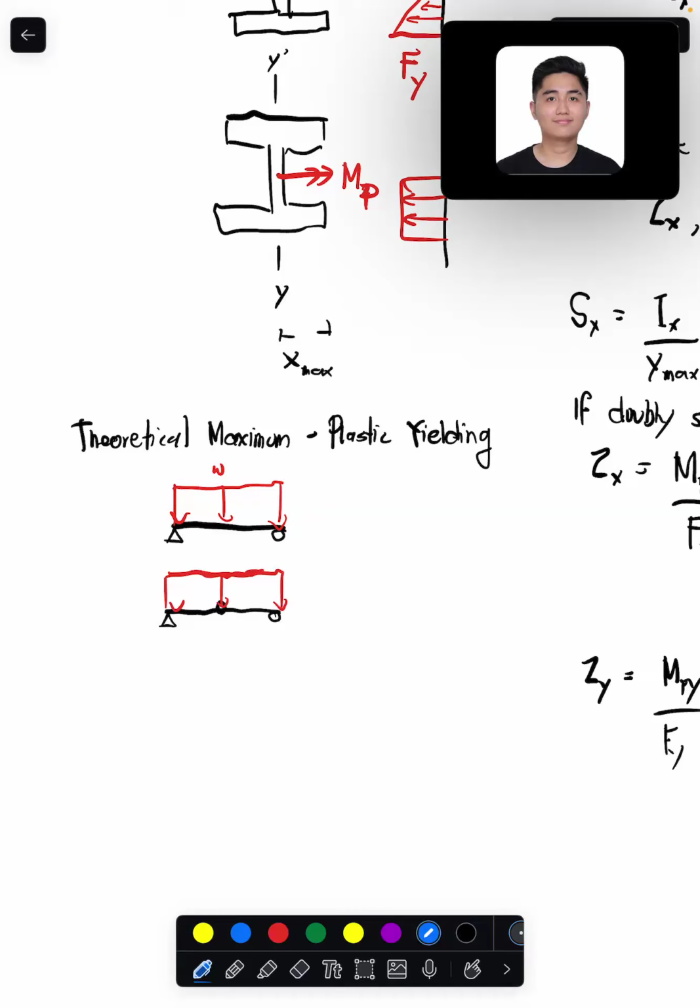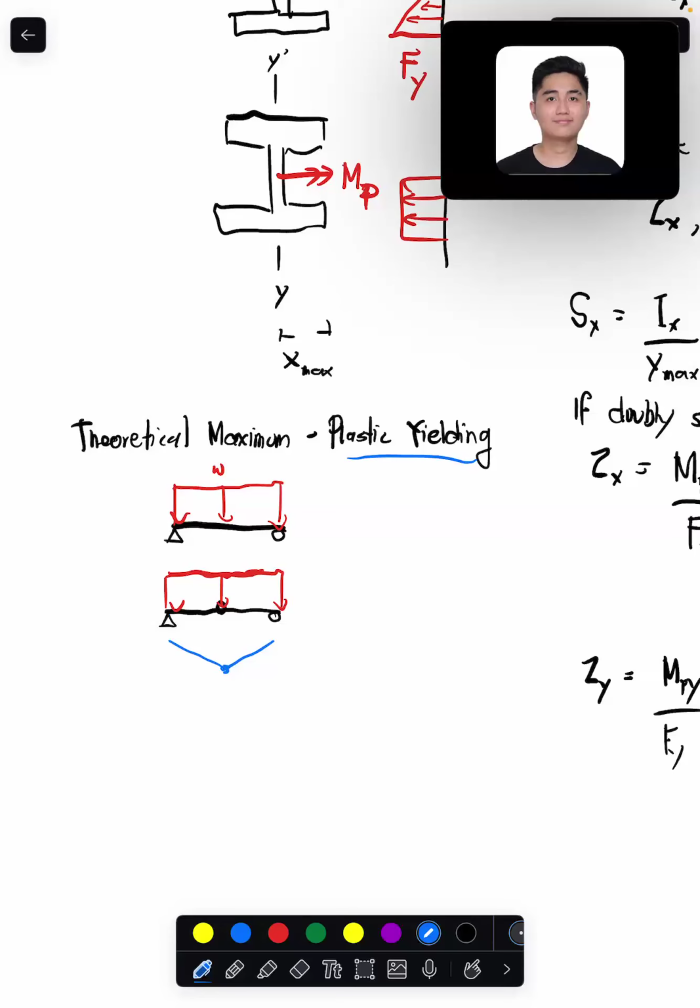So it will just dip like this. This will be your deformed state. It will be unable to carry the loads. So this is the theoretical maximum. This is what we determine as the ultimate limit.